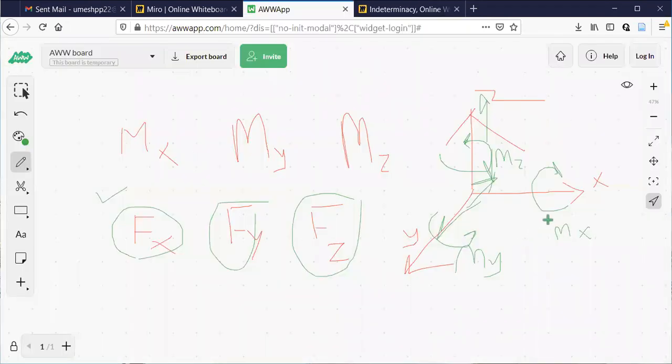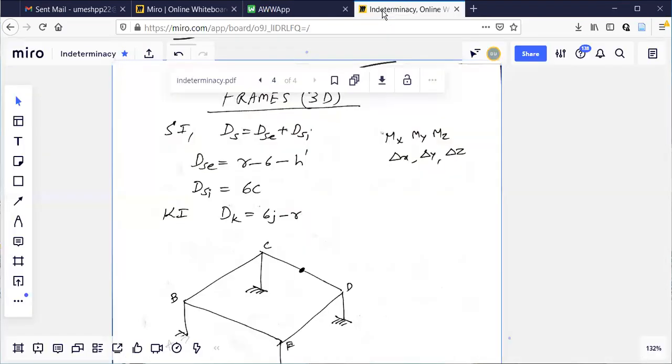You can see this, the body can rotate like this. I'll show you in the next class how Mx, My, and Mz are possible in space. Using one chalk piece also, I can explain how it is possible. In the next class, I can do that. Look at this formula.